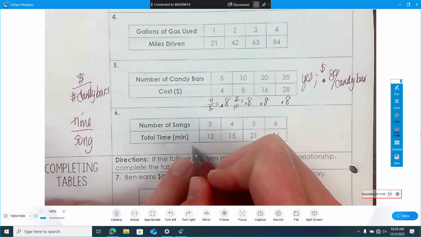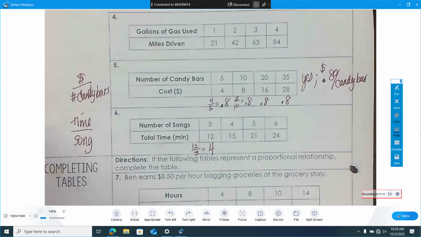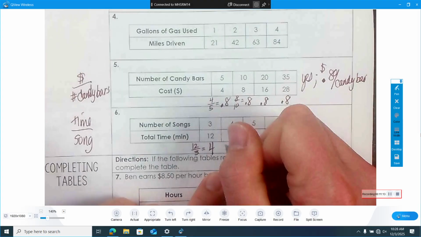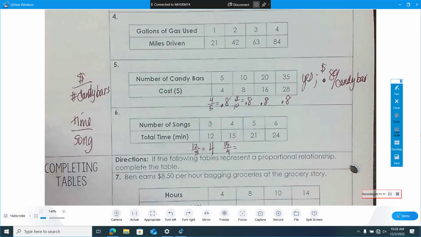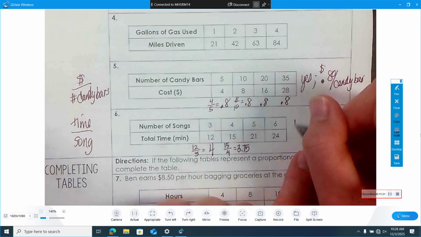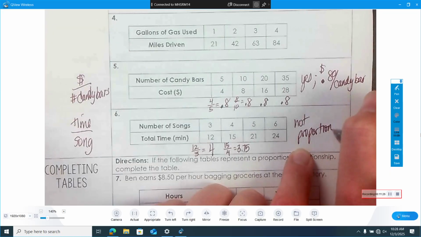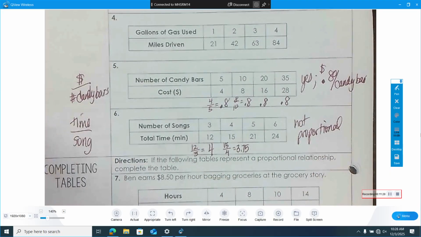So if I were to set this up here, I'd have time on top, which is a little bit strange, but that's okay. So 12 divided by 3 is 4, and then I would compare 15 divided by 4, 3.75. So what do we know? Not proportional. All right, so that is definitely not proportional. I can stop right there.